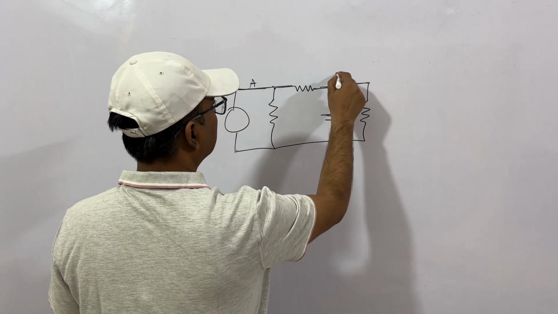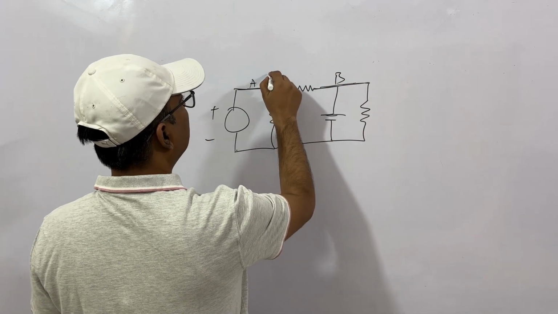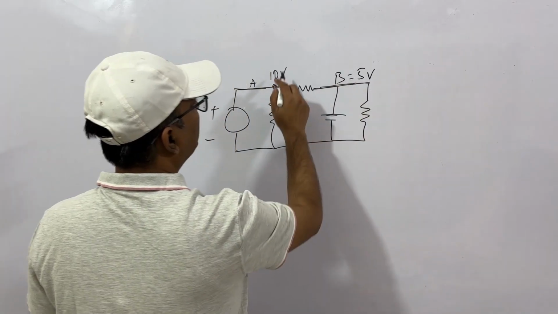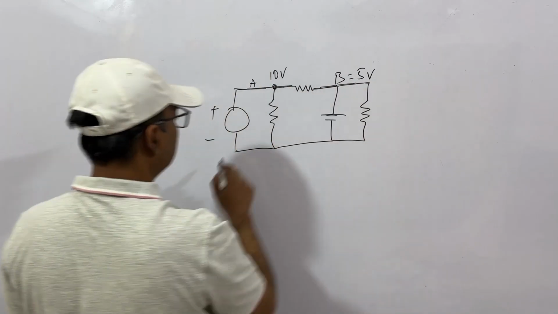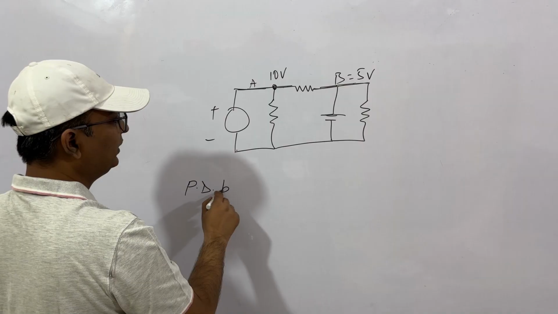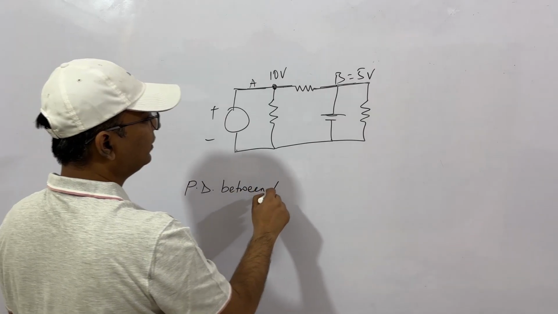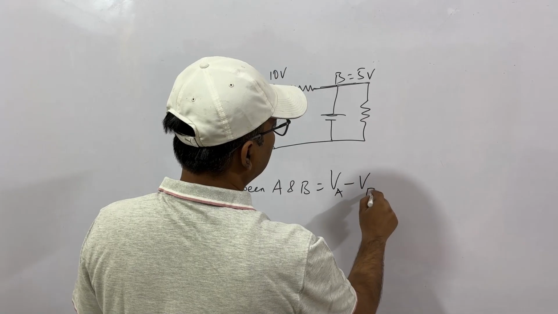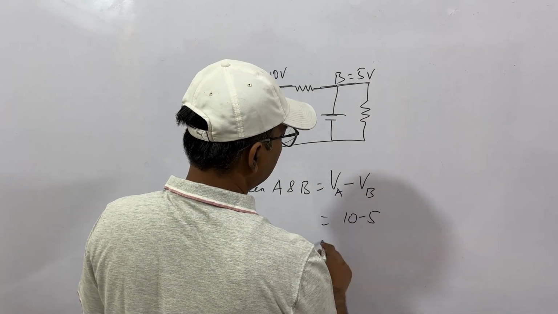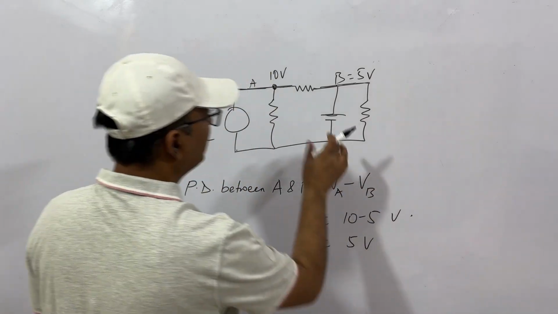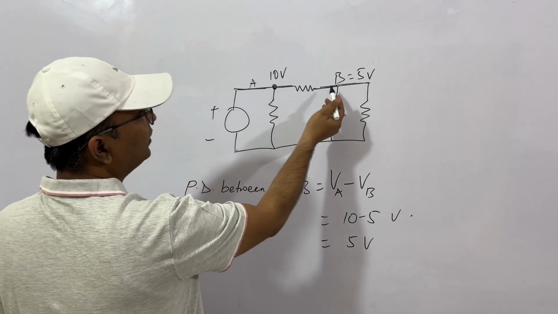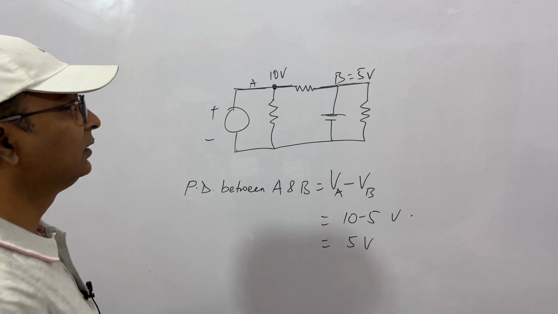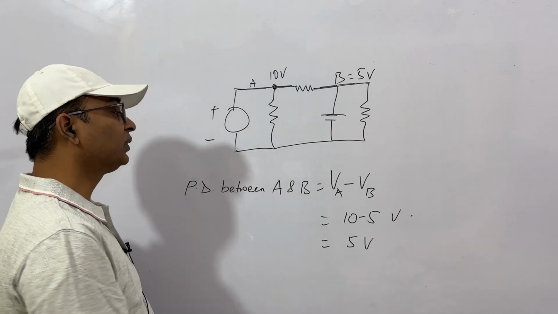Let's say this is A, this is B. If potential at A is 10 volts and potential at B is 5 volts, obviously this minus this is the potential difference between A and B. That will be V at A minus V at B, that is 10 minus 5, which is 5 volts. So the potential difference is 5 volts. You can directly find the current. When you know voltage, you can find current. So this is the meaning of potential difference.